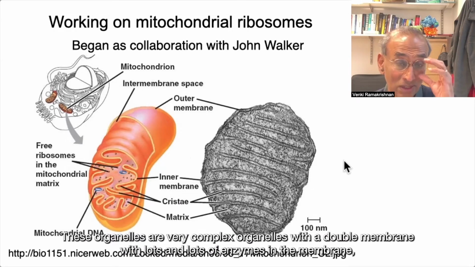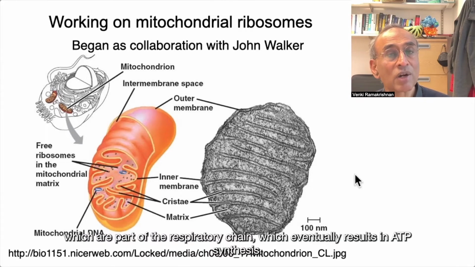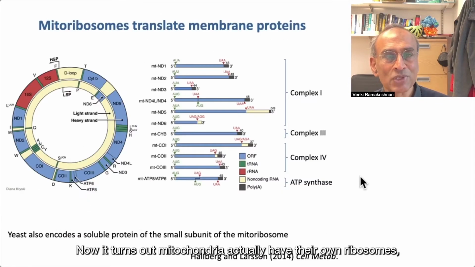And these organelles are very complex, with a double membrane, with lots and lots of enzymes in the membrane, which are part of the respiratory chain, which eventually results in ATP synthesis. Now, it turns out mitochondria actually have their own ribosomes.